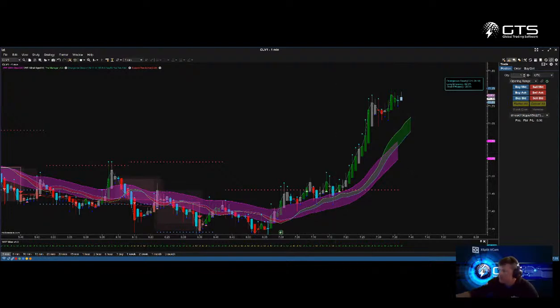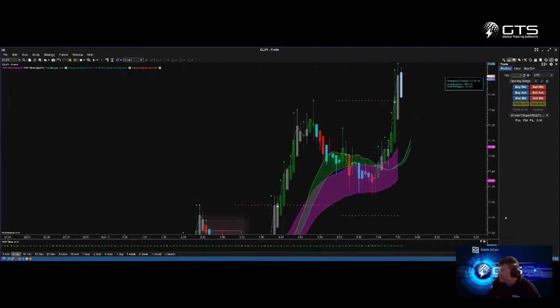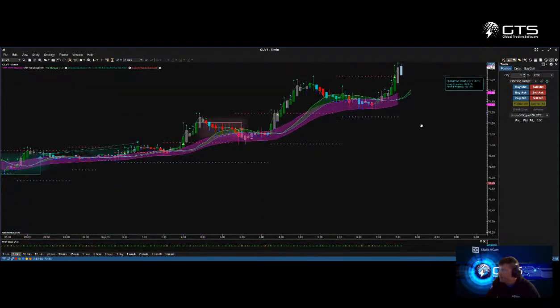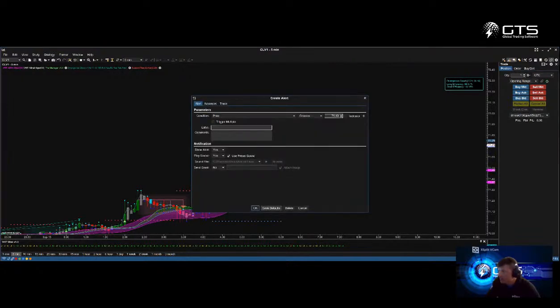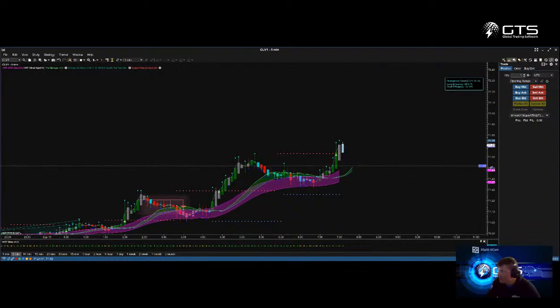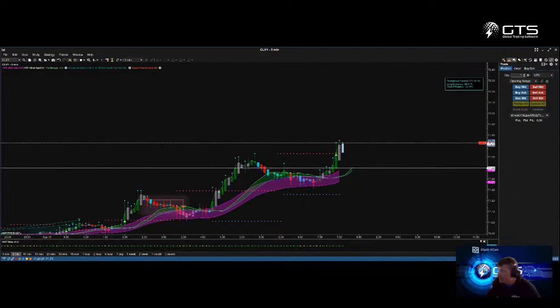I think this is the opening range, 5 minutes, right here on the 5 minute. We're going to put a guide right here and a guide right here.